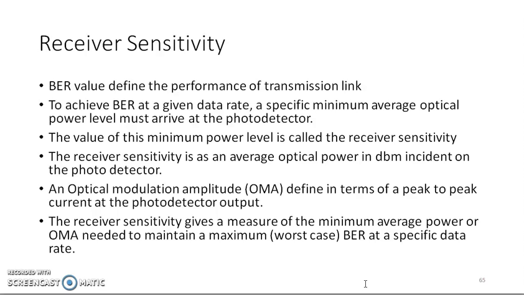To achieve that BER for a given data rate, we need some minimum average optical power level that must arrive at the detector. If that minimum power does not arrive at the detector, then the detector gives the output, but we are not able to identify the 1 and 0.